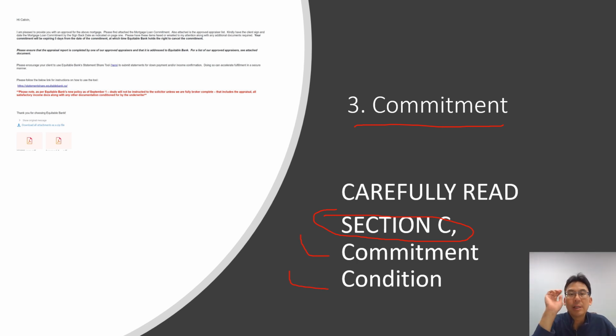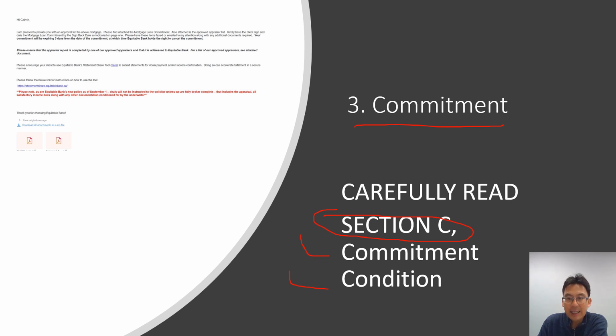It will list out some of the things that you still need to provide to Equitable Bank, and you go follow up with the client. Maybe the client has already given you the pay stub and you gave it to them, but they want to see an employment letter. Then you go call the client and ask them for that. Maybe they have looked at the T1, but they also need the notice of assessment and all that.